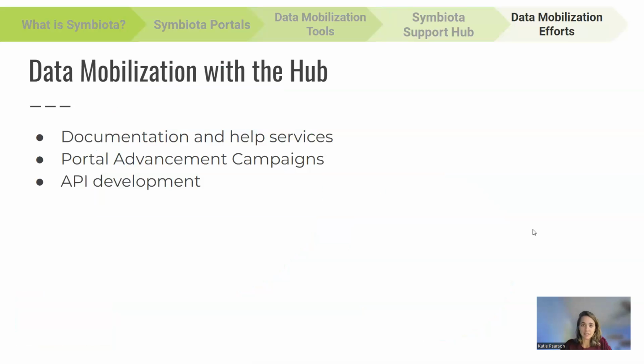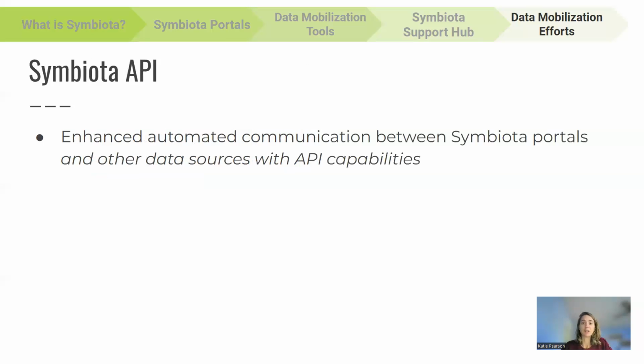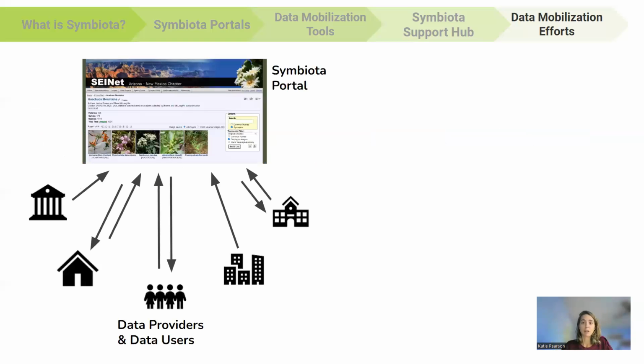We're super excited to share that we're developing an API for Symbiota portals. So the API is going to be able to enhance automated communication between Symbiota portals and other data sources that have API capabilities. So the idea is that this Symbiota API is going to enable even greater communication and greater connections.